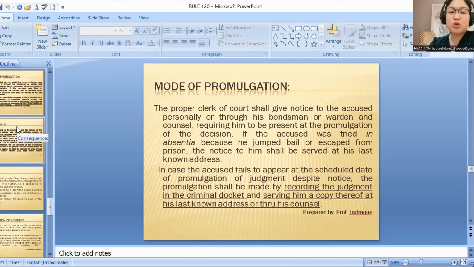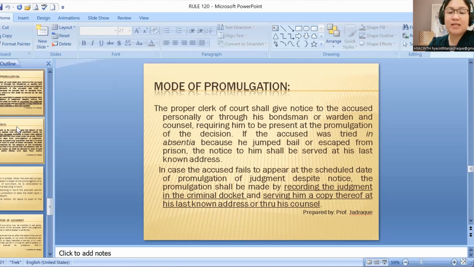If the accused was tried in absentia because he jumped bail or escaped from prison, the notice to him shall be served at his last known address. Okay, even if he already jumped bail, and the court did a trial in absentia, he would still be notified. Where will it be sent? At his last known address as appearing in the record.